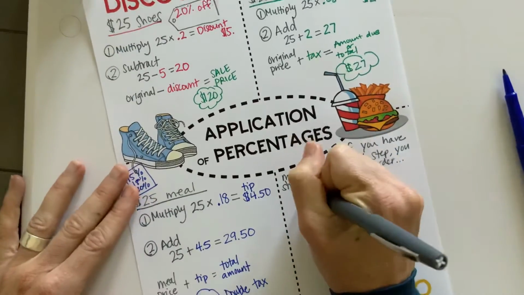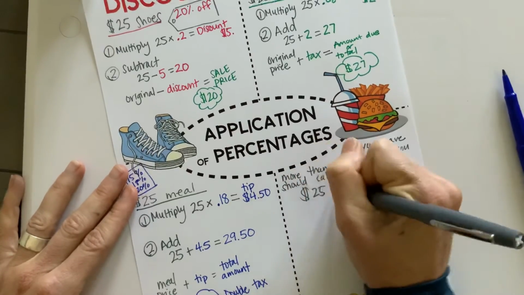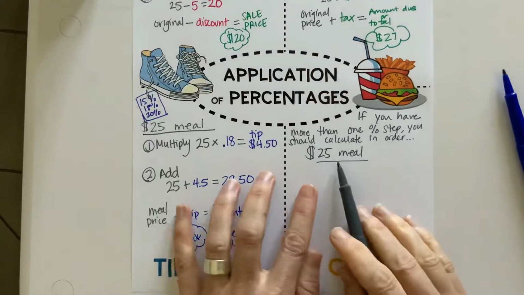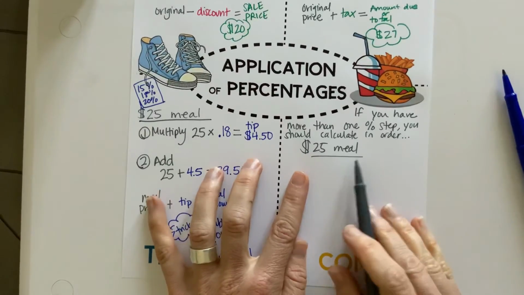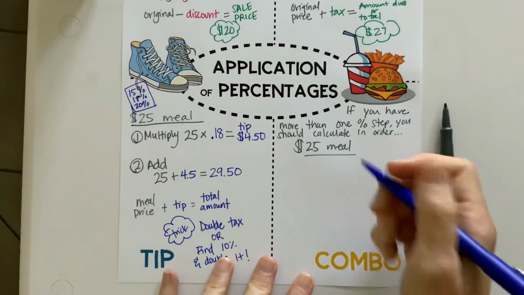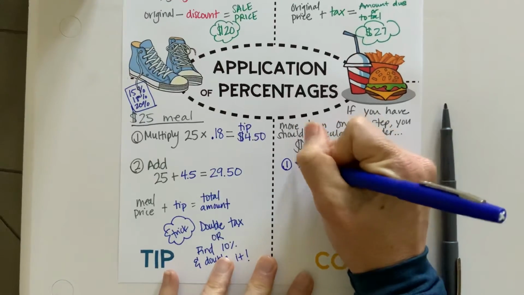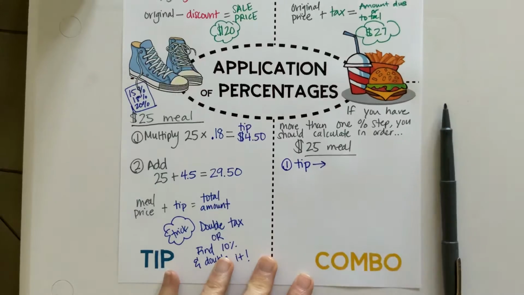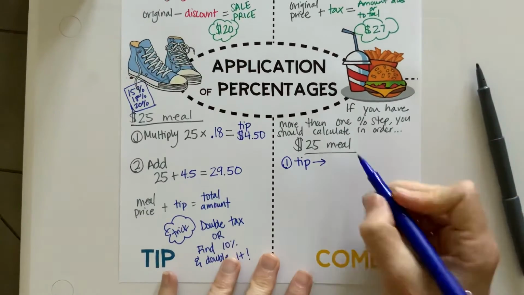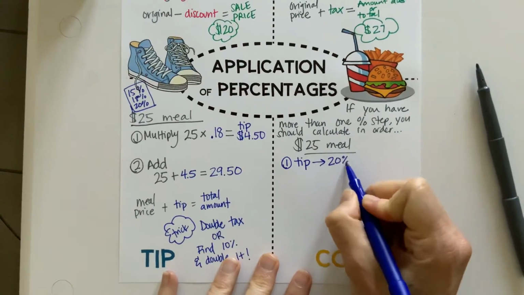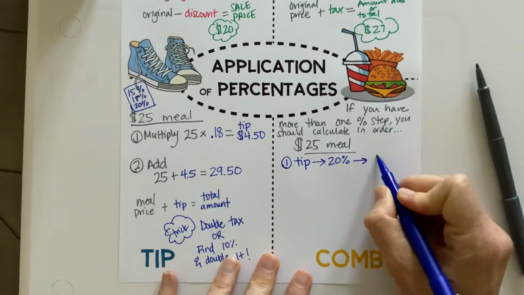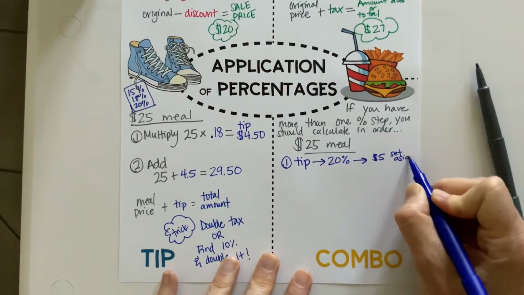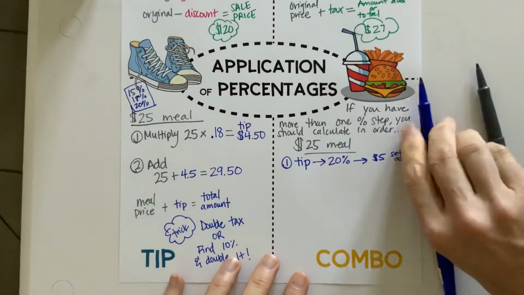Okay, so let's say it is the $25 meal again. The first thing you're going to want to do, based off of the full price, step one, is calculate what the tip is going to be. Let's say you want it to be your 20% tip. You're going to take that $5 and set it aside for your server, for their great service. You're really appreciative.